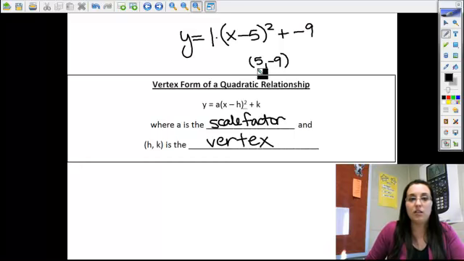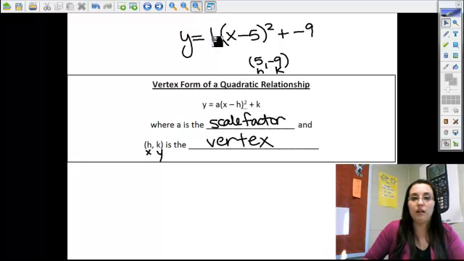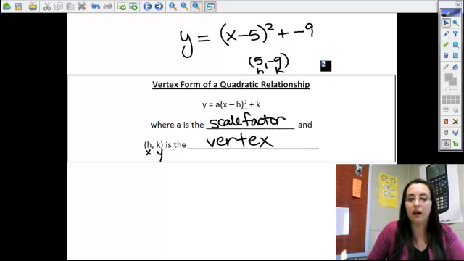So (h, k) is our vertex. This is h, this is k. h is the x value, k is the y value of your vertex. All right, and then getting rid of that 1, because 1 times anything is just itself. I don't really need it in there. I get my equation right here: y equals x minus 5 squared plus negative 9. Okay? All right.